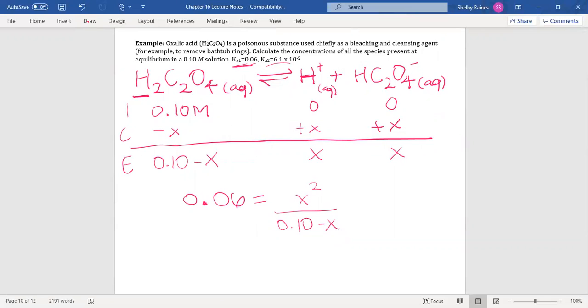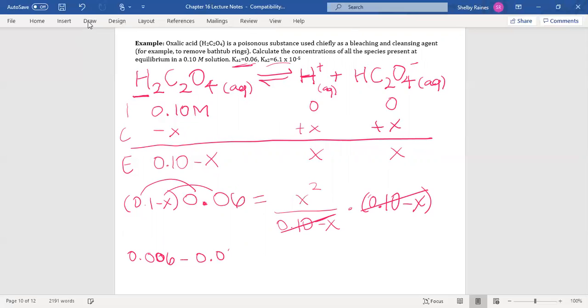All right, so let's go ahead and multiply both sides by 0.1 minus x. That cancels. And that's going to leave me over here, and distribute both of these terms. 0.1 times 0.06, and then I'll just have 0.06x.